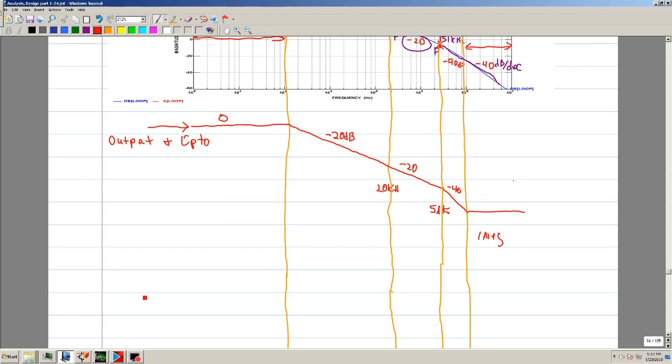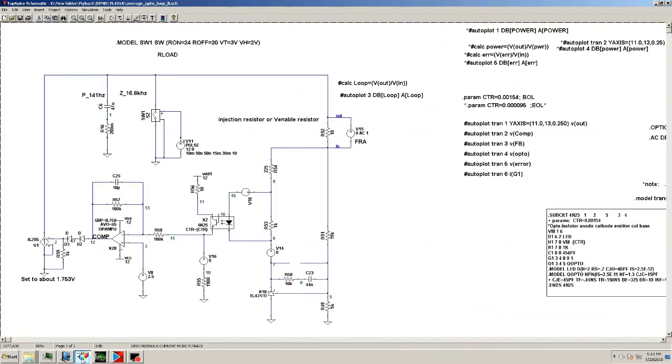so let's go ahead and see if we can get this simulation, this filter, and see if we can duplicate, or at least see if we get some resemblance. Okay, now to measure that, we are interested in seeing the output filter and the bandwidth of the opto.